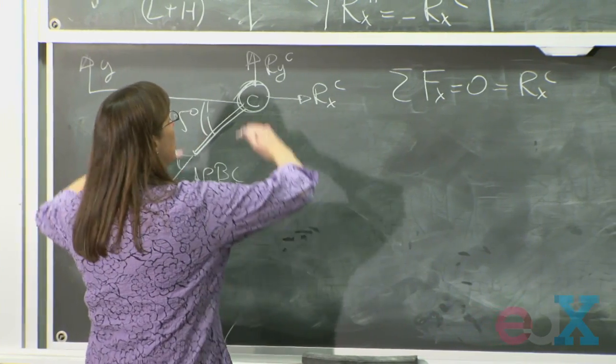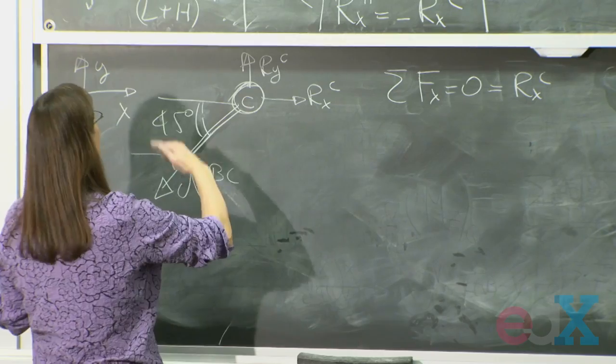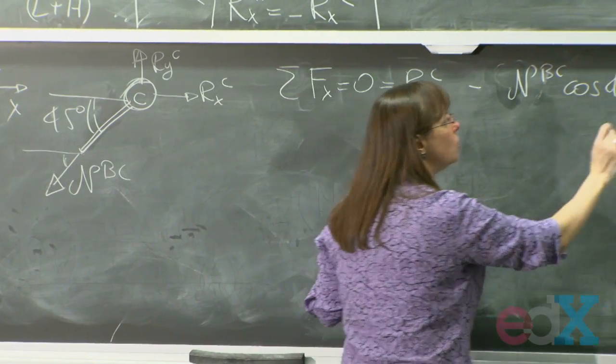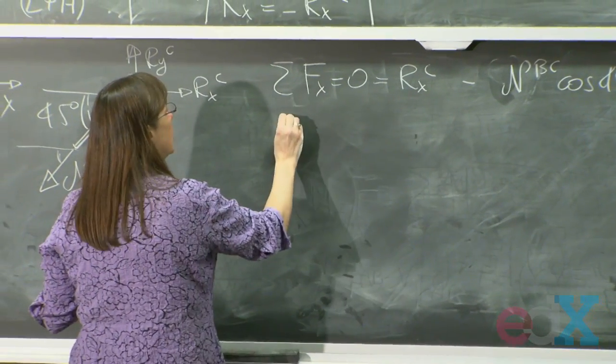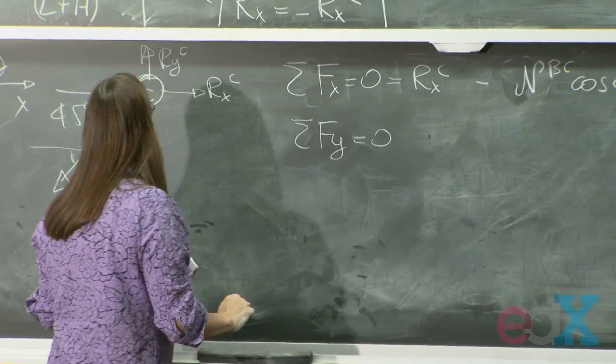So when you do the sum x and sum y, look at your forces and see which way they're pointing. If they're pointing against the axis, it's minus. And this one must be equal to 0. And the sum of the forces y equal to 0.